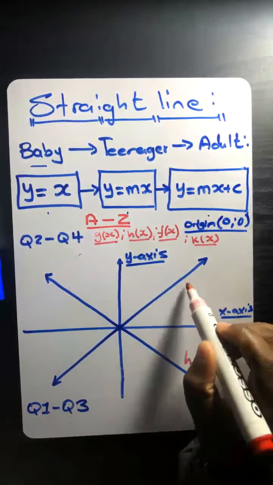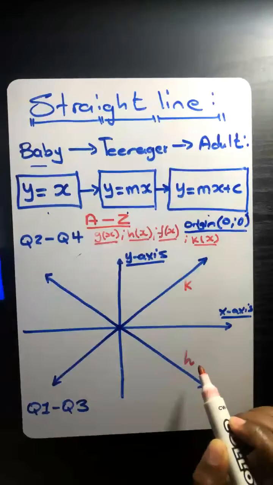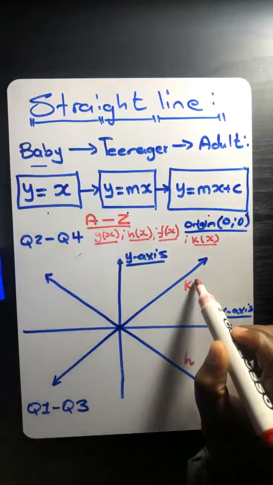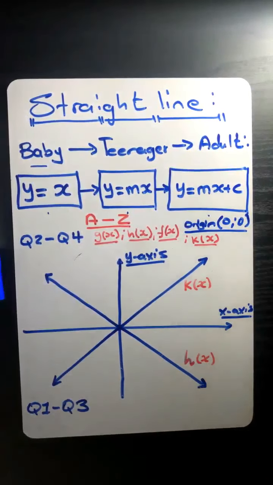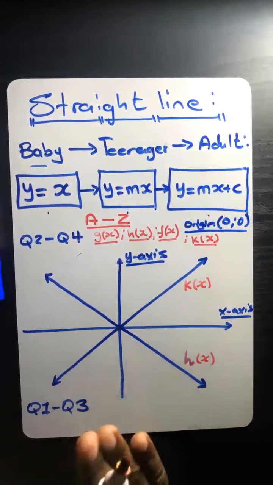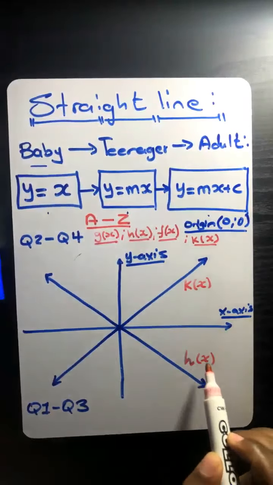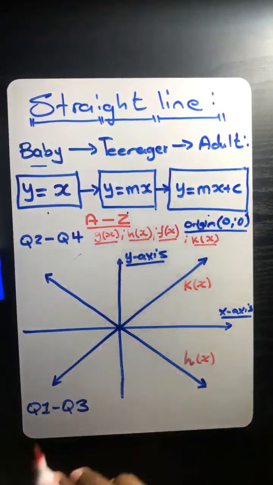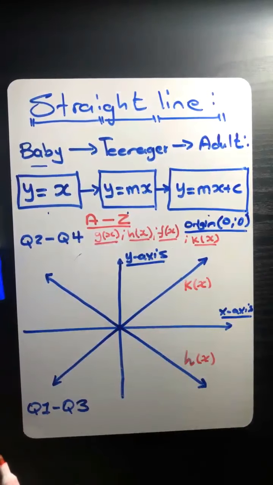Instead of saying Catuchero, because it's a longer name, let's just say this is K. Then it becomes K of X. This becomes H of X. Good people, what I'm trying to say is that H of whatever, K of whatever, G of whatever, F of whatever, don't be confused by that. It's just a name given to a straight line.